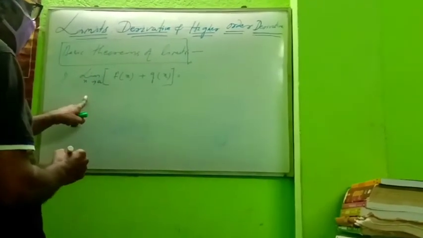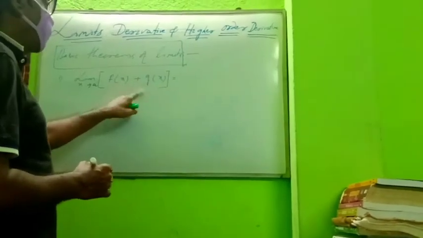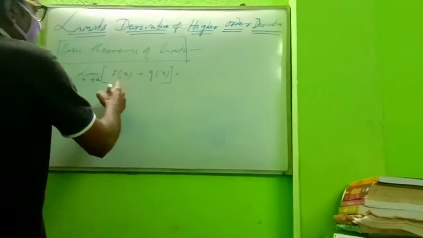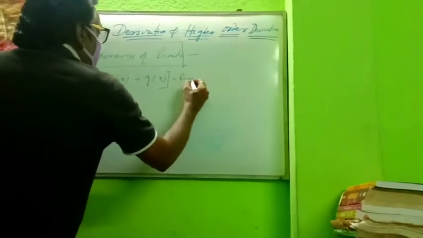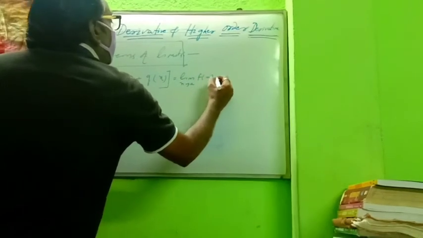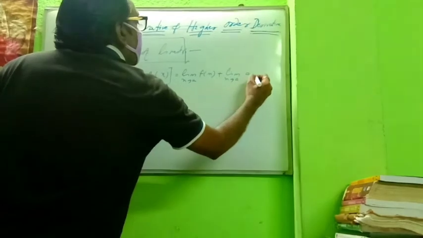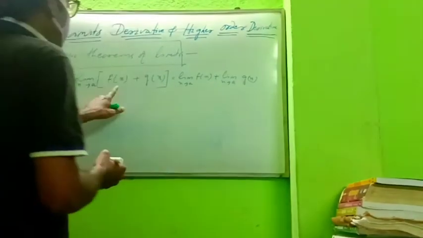Here the sum of two functions is given. Then you have to find the limit individually like this: limit x tends to a of f of x plus limit x tends to a of g of x.